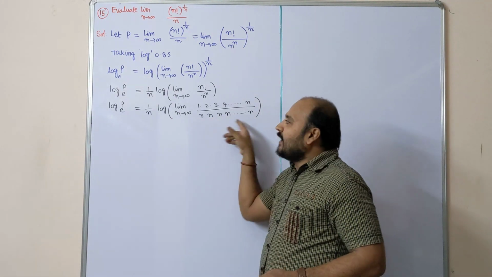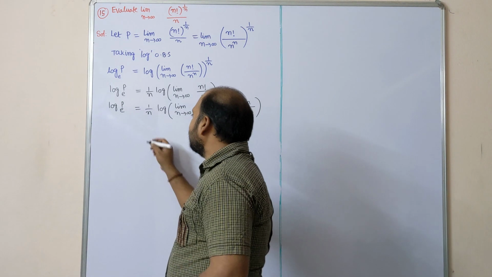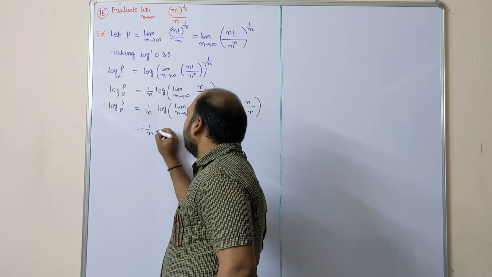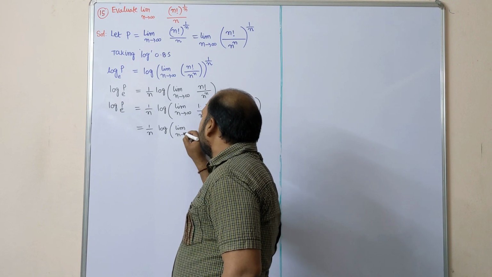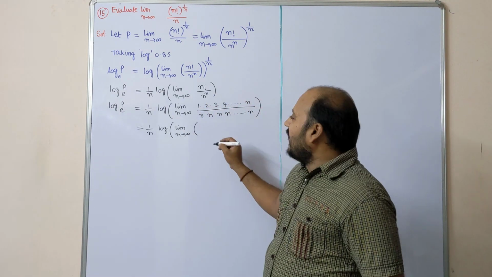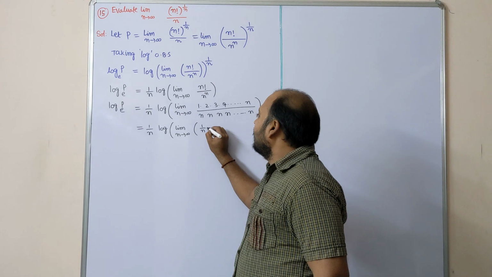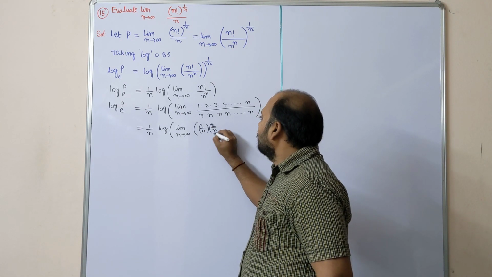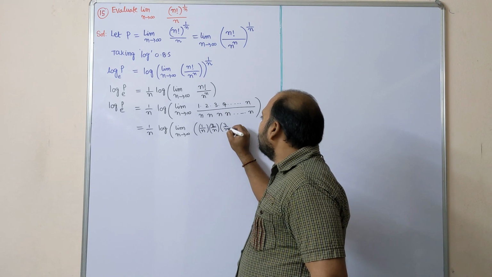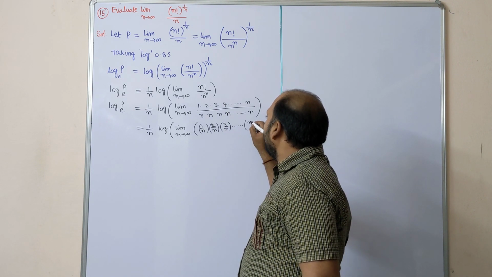Let it be written as, observe dear students, 1 by n log of limit n tends to infinity. Can we write like this? 1 by n into 1, 2 by n, 3 by n, and so on n by n.